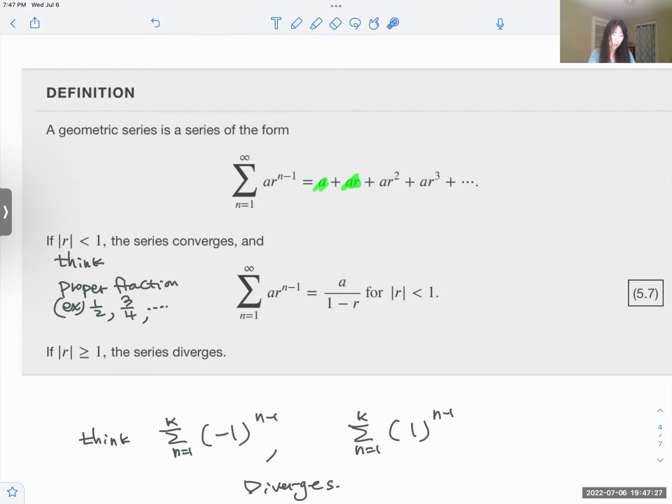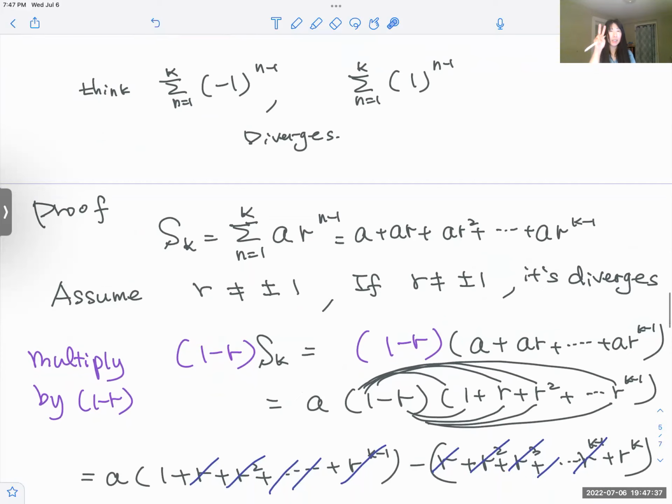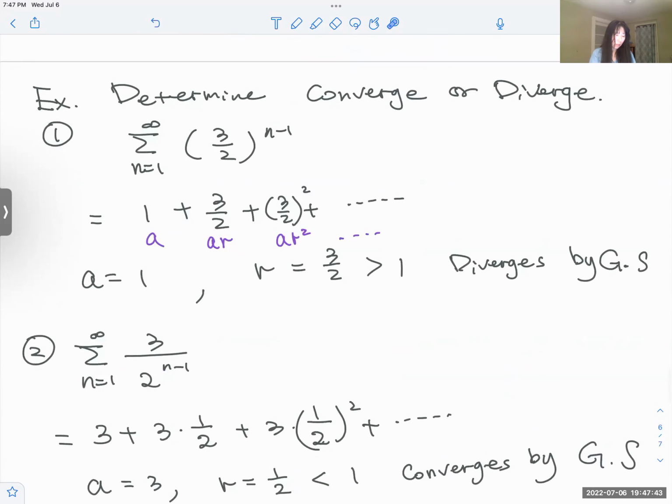The first term is A, the second term is A times R, and the third is A times R squared. Can you see that? Yes, now it makes sense. Thank you.